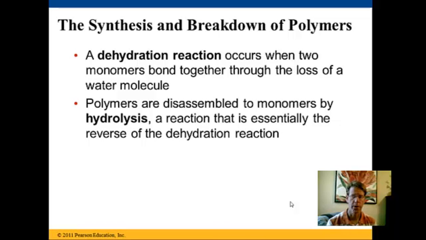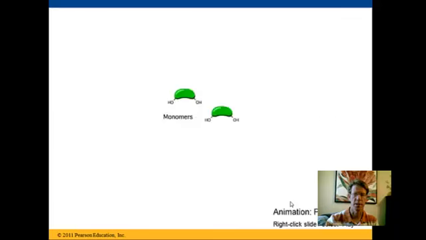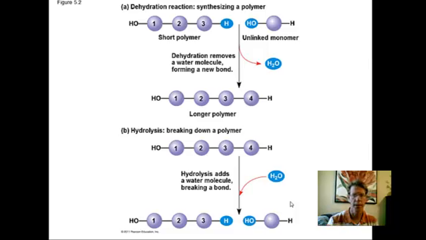And when we put water in, that is kind of the driving force to break that polymer down into smaller units. And these are constantly going back and forth in living things all the time, assembling polymers, taking them apart, and we watched that little animation which is basically talking about this process of dehydration and hydrolysis.